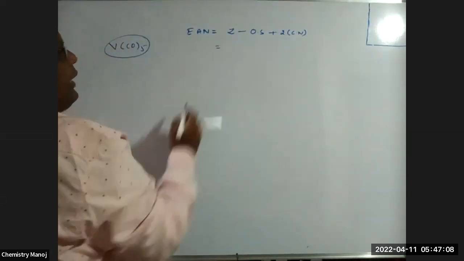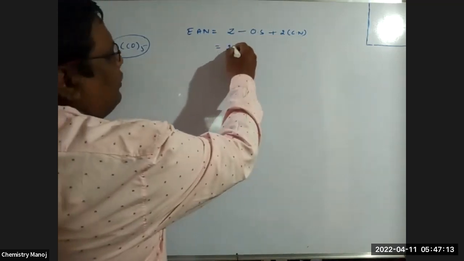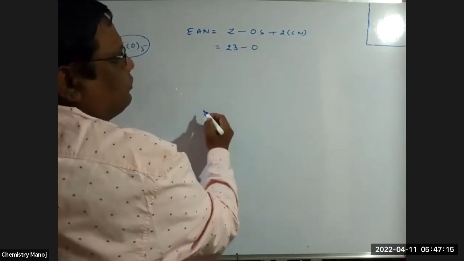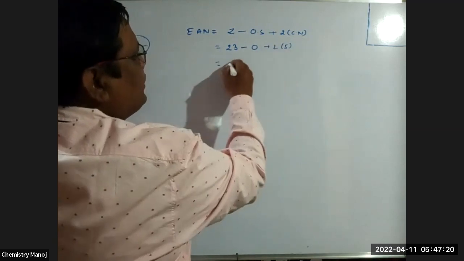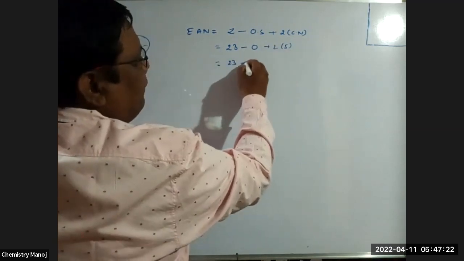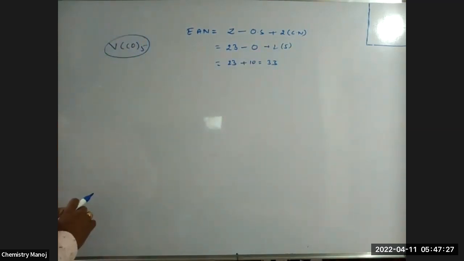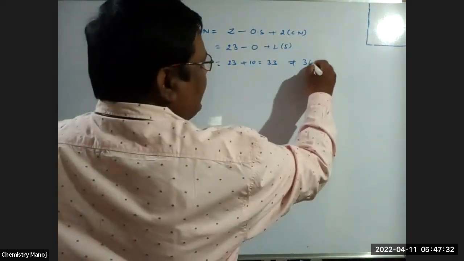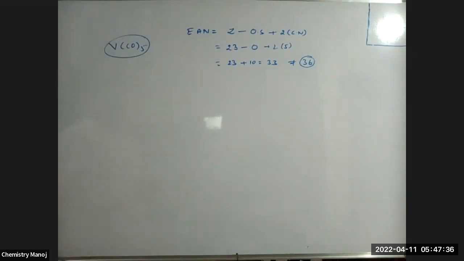Vanadium atomic number is 23, oxidation state 0, plus 2 into coordination number 5. So it is 23 plus 10, that is 33. So it is not equal to 36, the krypton atomic number. Does it follow EAN or not? Does not, sir.